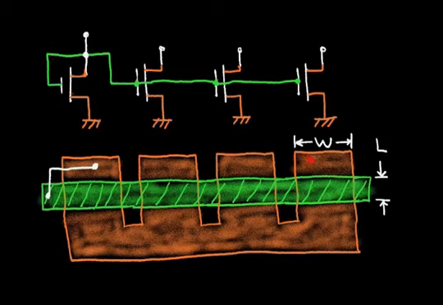This shows the W, or the width of the channel, and the L is the length of the channel, which is in the direction that the current will flow. Now my source regions are connected to ground, so this region is my ground.